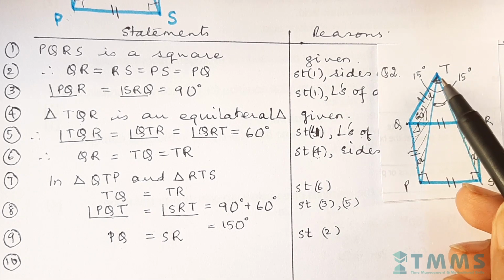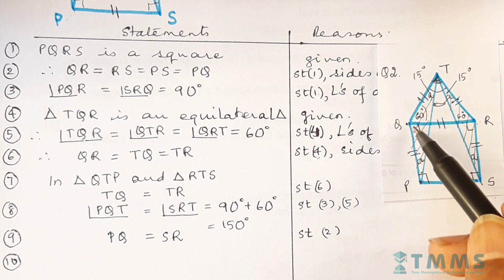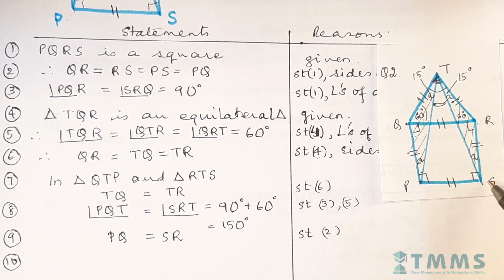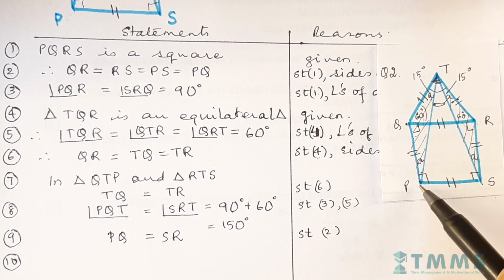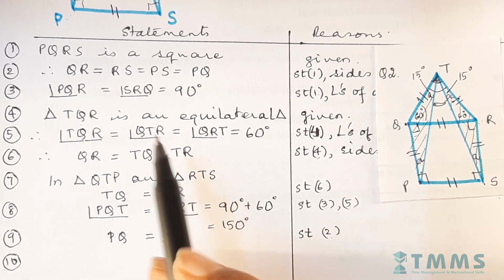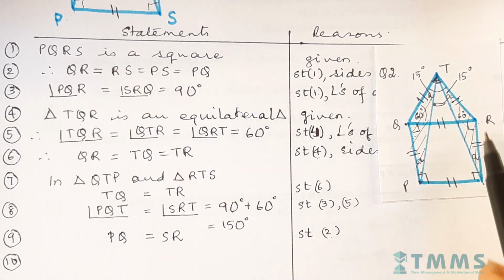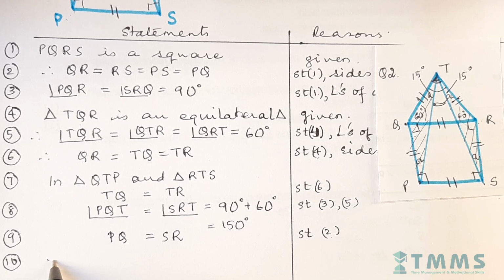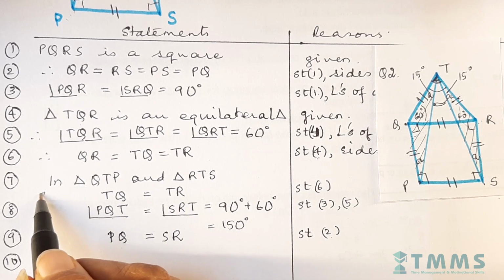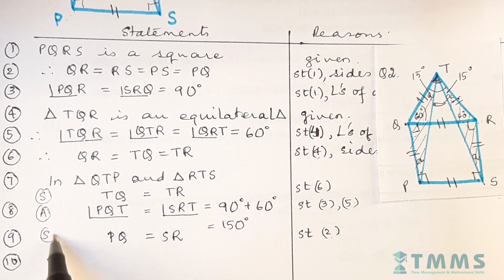Now we finish with this side, this angle. Now we come to this side, which is PQ, and here the corresponding side is SR. Are PQ and SR equal? Yes. So we've written that PQ and SR are equal because of statement 2. Can you see statement 2 here? Because PQRS is a square. And so we say, therefore, this is your side, this is your angle, and this is your side.